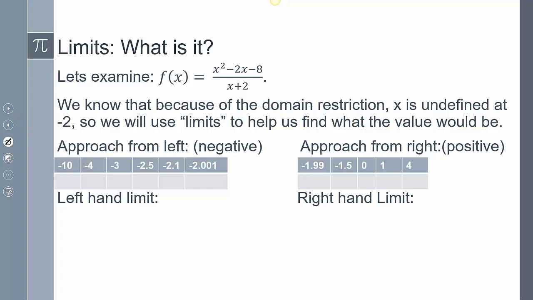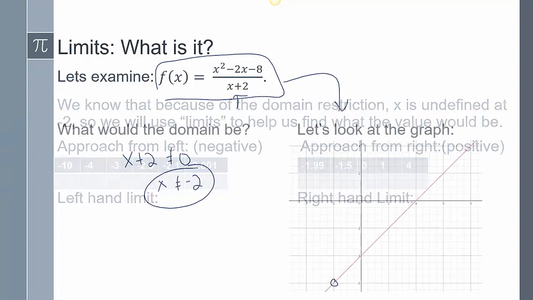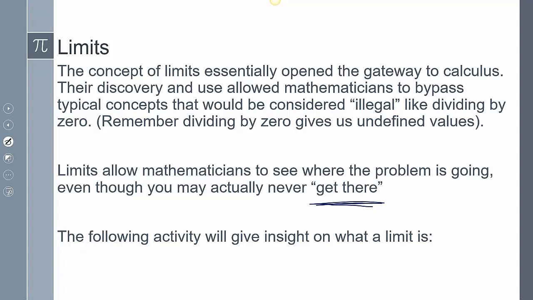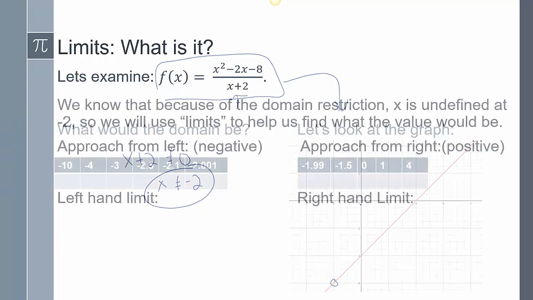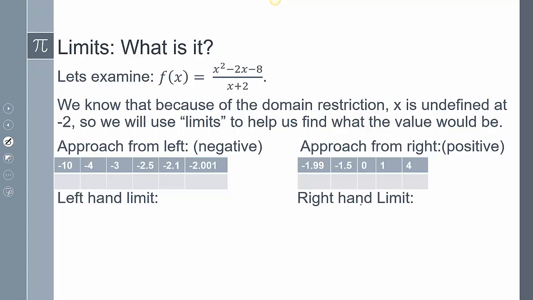Now remember, with this idea of limits, I said that you may actually never get there, because if I do get there, that value is undefined. So we're going to have to make some sort of assumption about what's going on, and we're going to use a tactic.